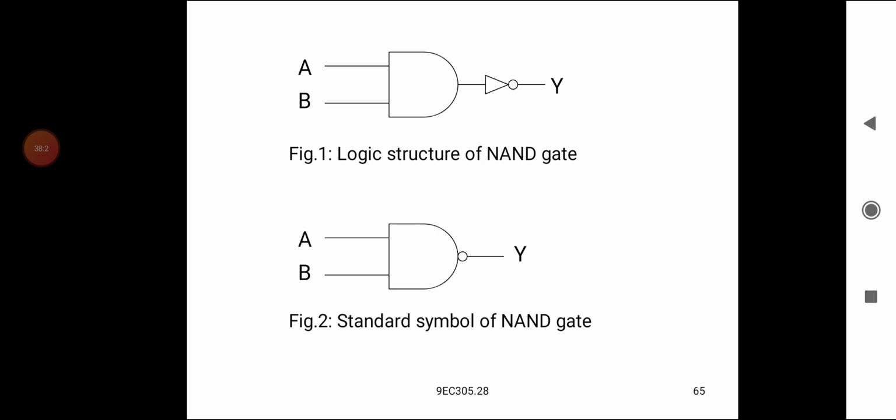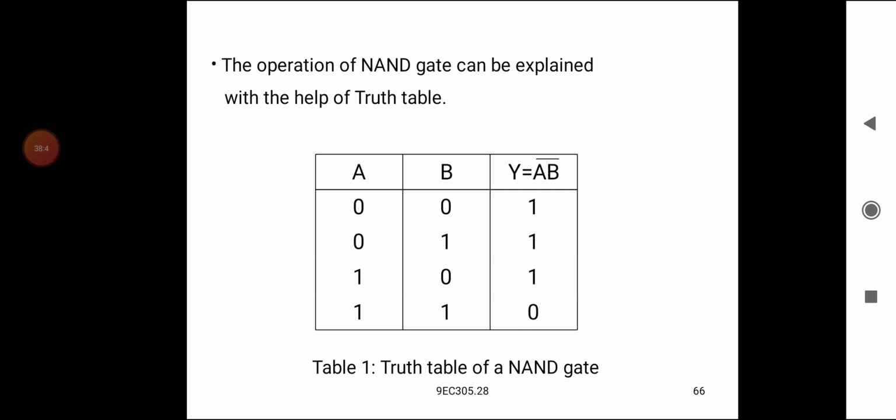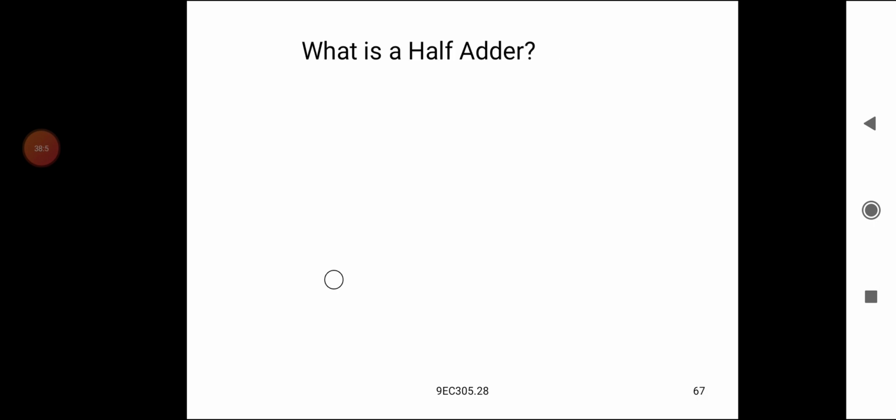In the standard symbol of the NAND gate, a bubble is shown at the output of the AND gate, which becomes a NAND gate. The operation of the NAND gate can be explained with the help of a truth table. Y equals A B complement. So for 0 0 the output is 1, 0 1 is 1, 1 0 is 1, and 1 1 is 0.